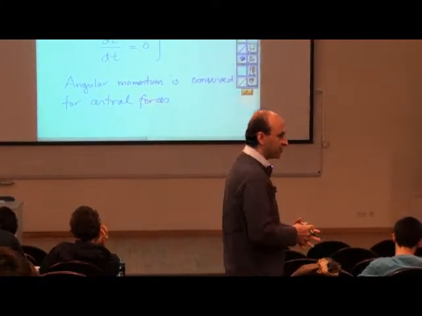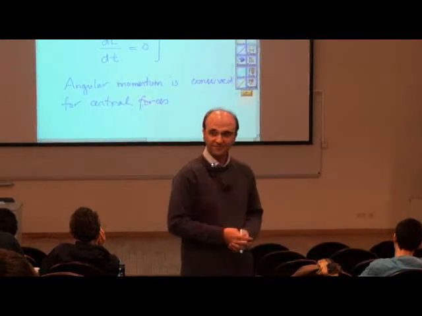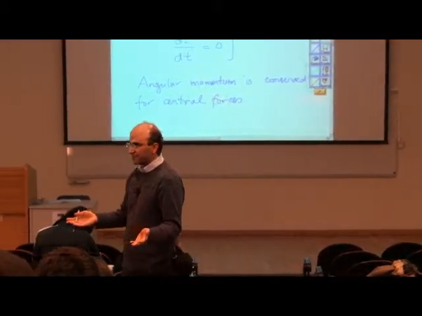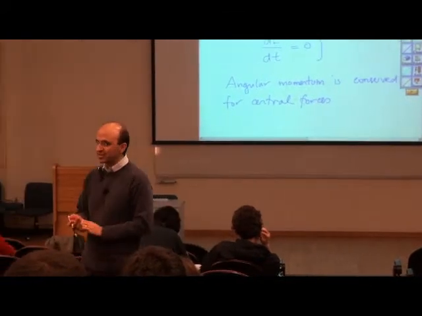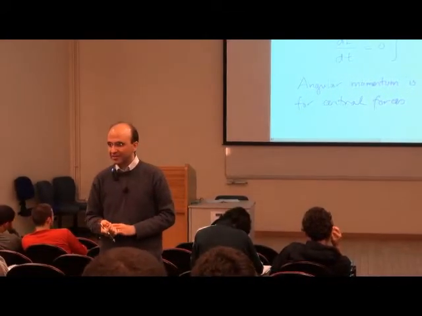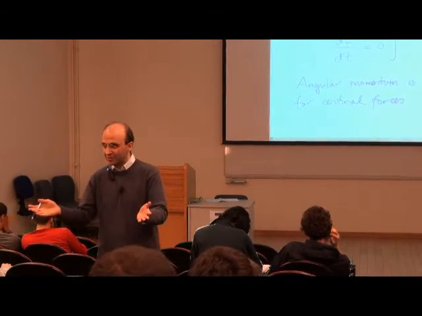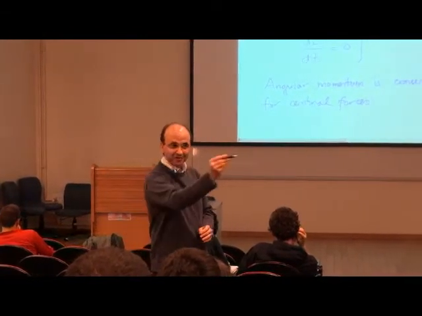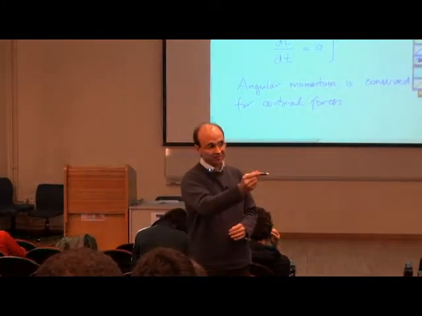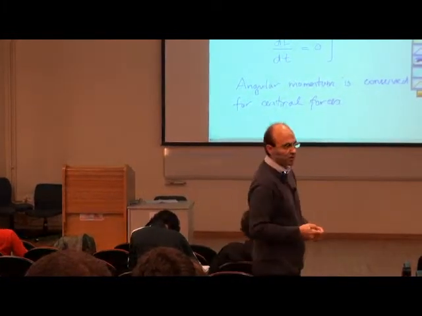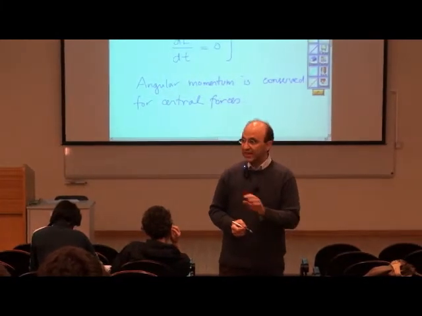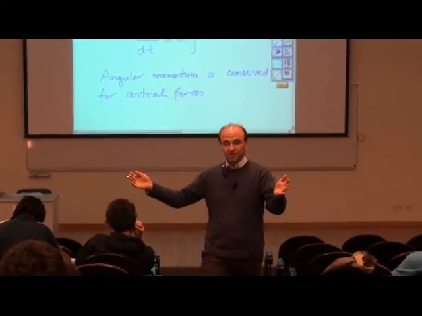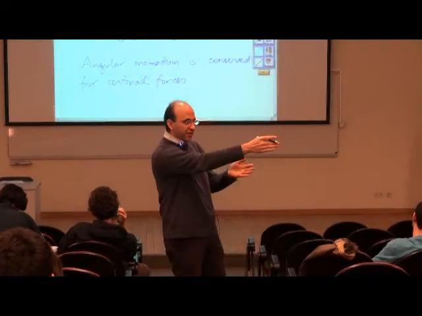Any questions? Now, L is a vector. Angular momentum is a vector that comes with a magnitude and direction. So if it's conserved, you should conserve not only its magnitude, but also its direction.